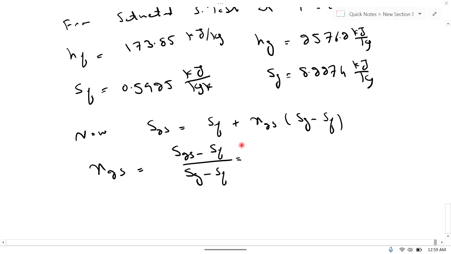S2S is equal to S1 from the Rankine cycle. And we can check this in the Rankine cycle.